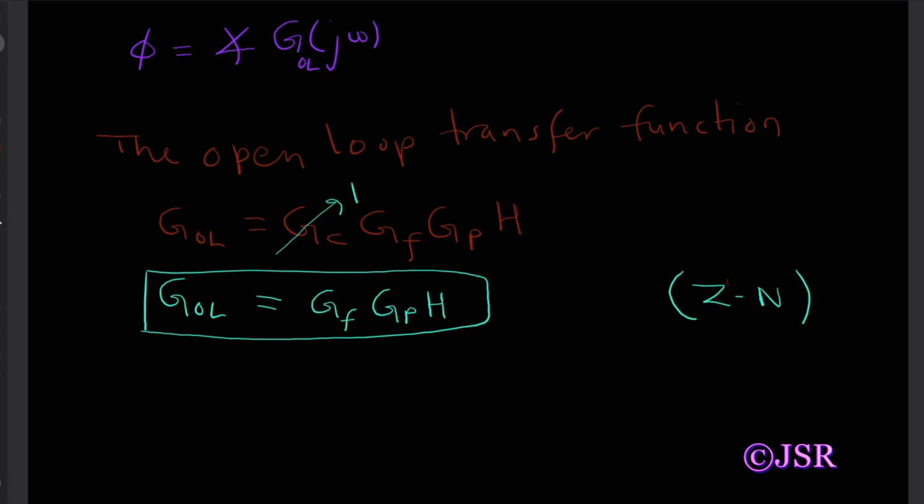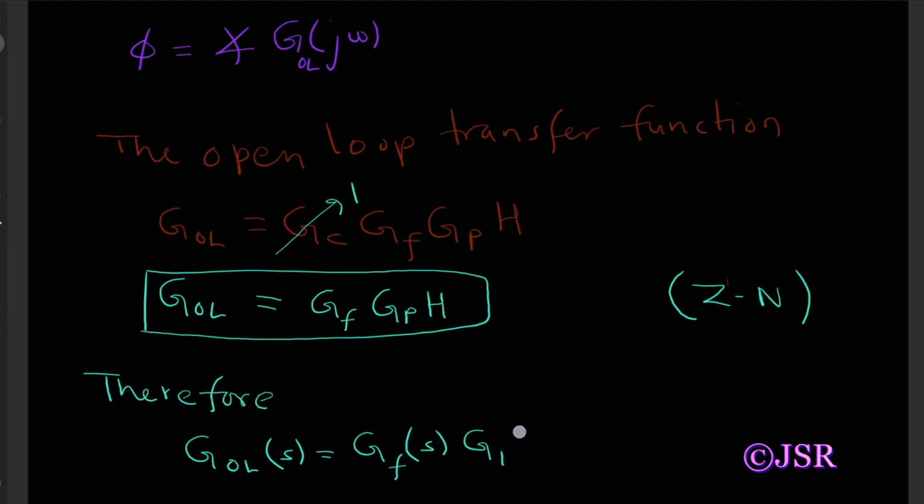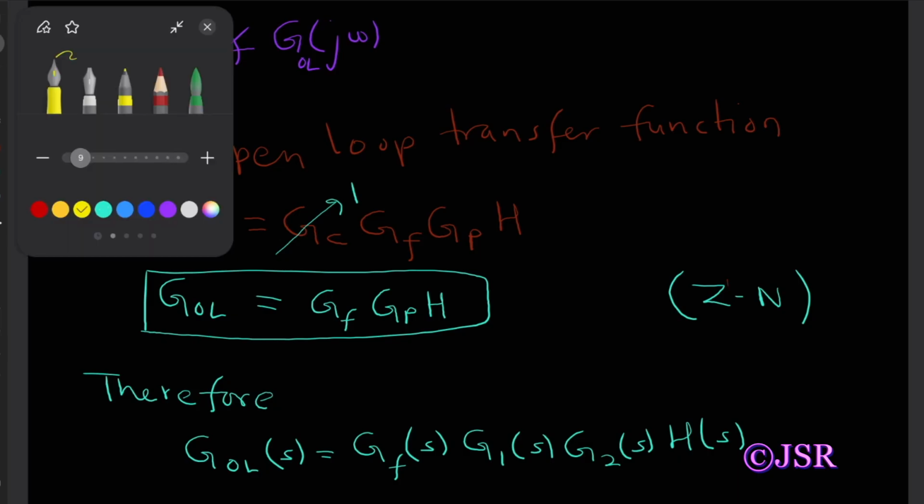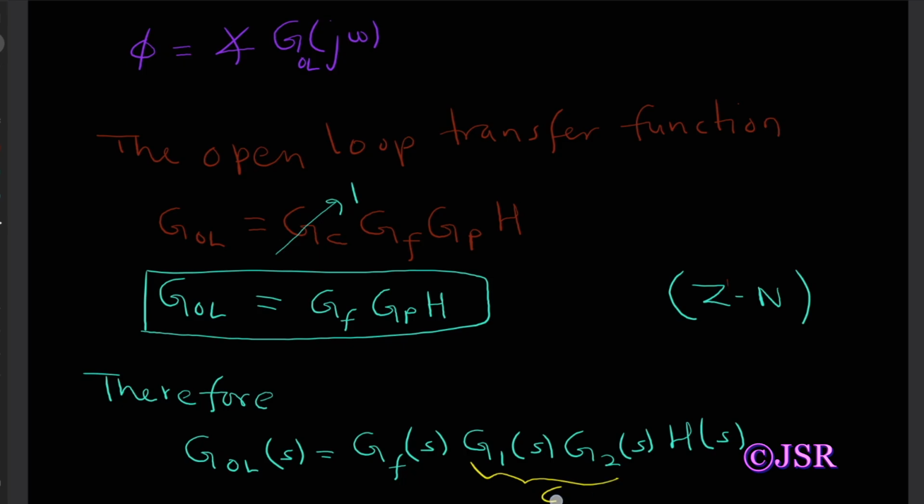Therefore, GOL of s can be written as GF of s, G1 of s, G2 of s, H of s, and here G1 and G2 together are nothing but GP of s.